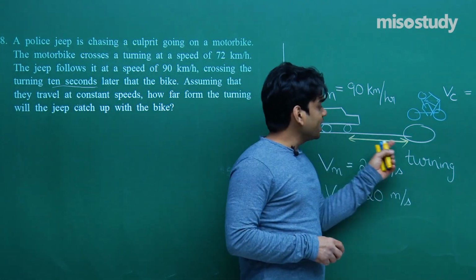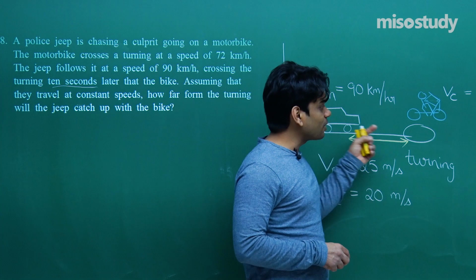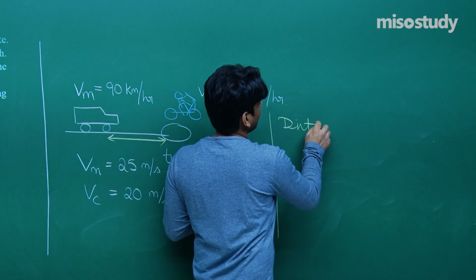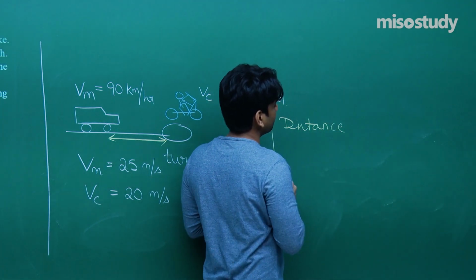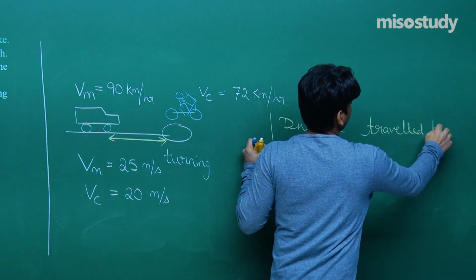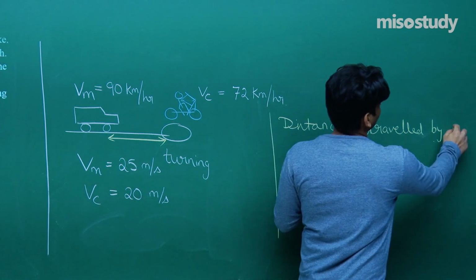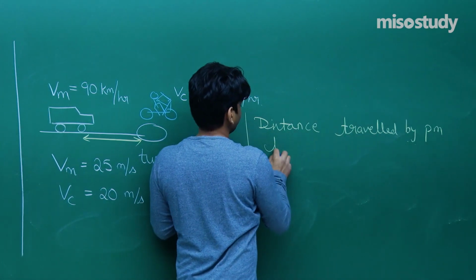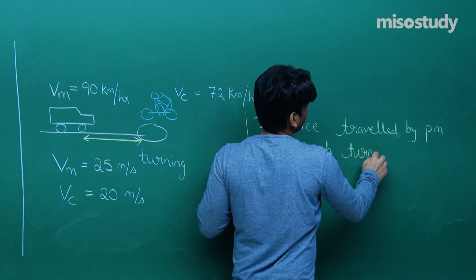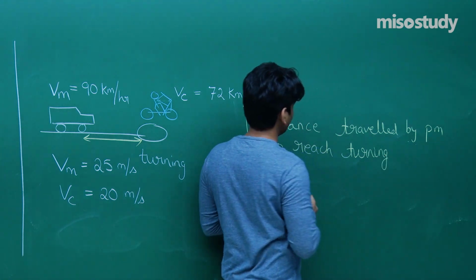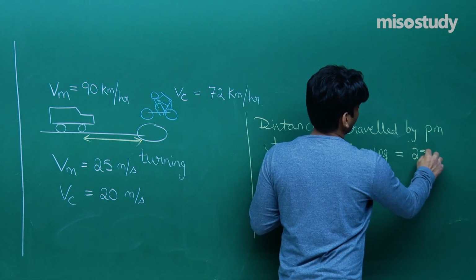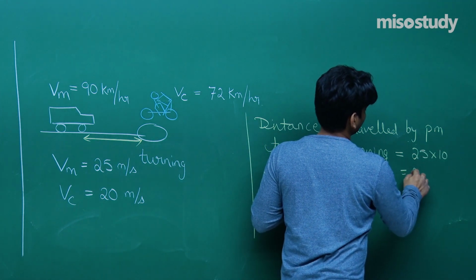The distance traveled by policeman, PM in short, to reach the turning will be his speed into 10 seconds, that is 25 into 10, that is 250 meter.